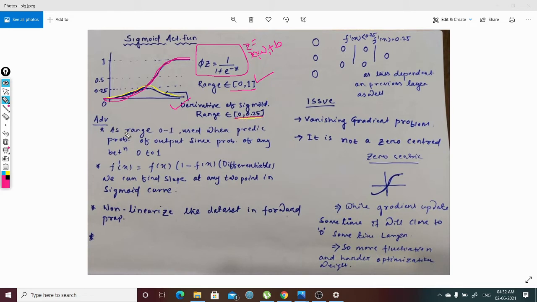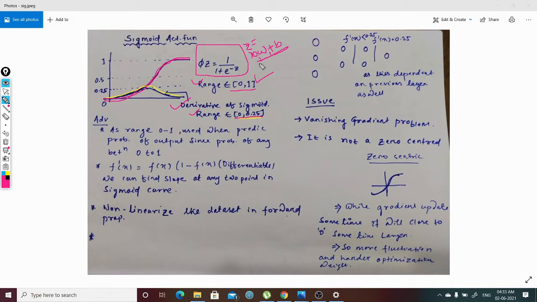So let me discuss why it ranges from 0 to 1, or 0 to 0.25. When I discussed activation functions, I told you that this linear function is a multiplicative summation, so it can take on very large numbers.